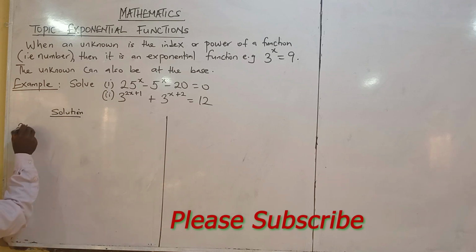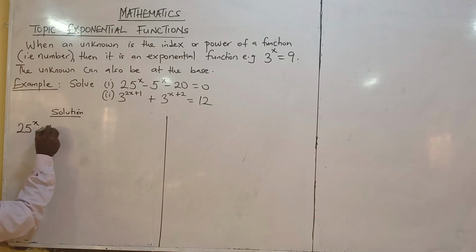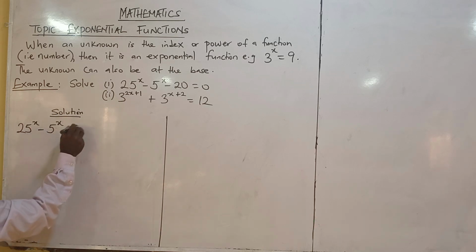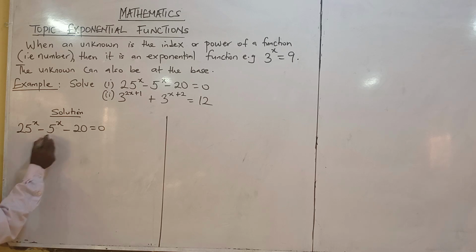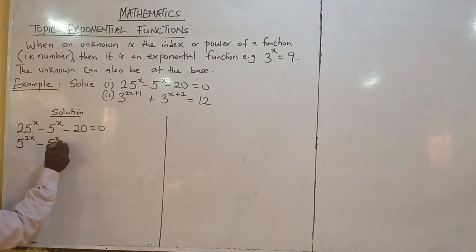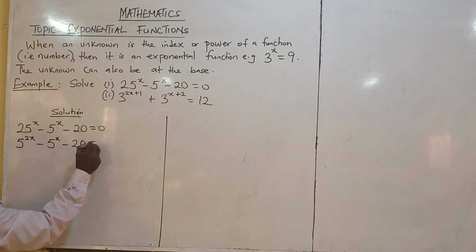Now you have 25 raised to the power x minus 5 raised to the power x minus 20 equal to 0. The first thing is to write 25 as a power of 5, because we're having 5 raised to the power x here. Now we want everything to be uniform. 5 raised to the power 2x minus 5 raised to the power x minus 20 equals 0.